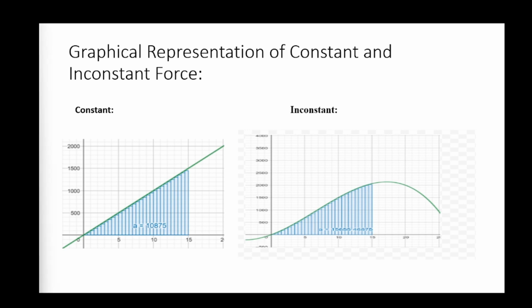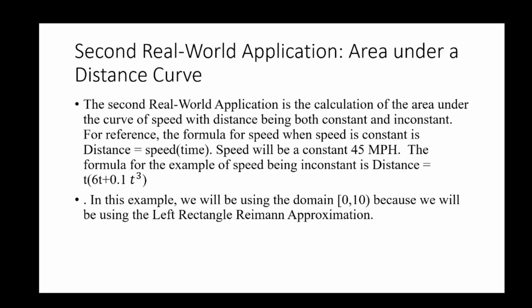All right, so our next real world example is going to be area under a distance curve. So distance is usually calculated by multiplying speed by time. And in some cases, in more easily calculated cases, speed is a constant, and for this we'll be seeing what happens if speed is not constant.